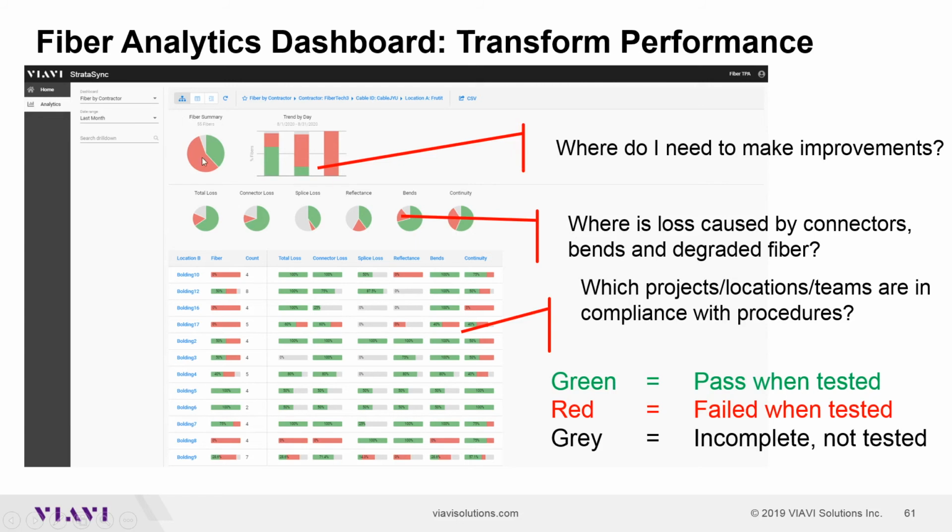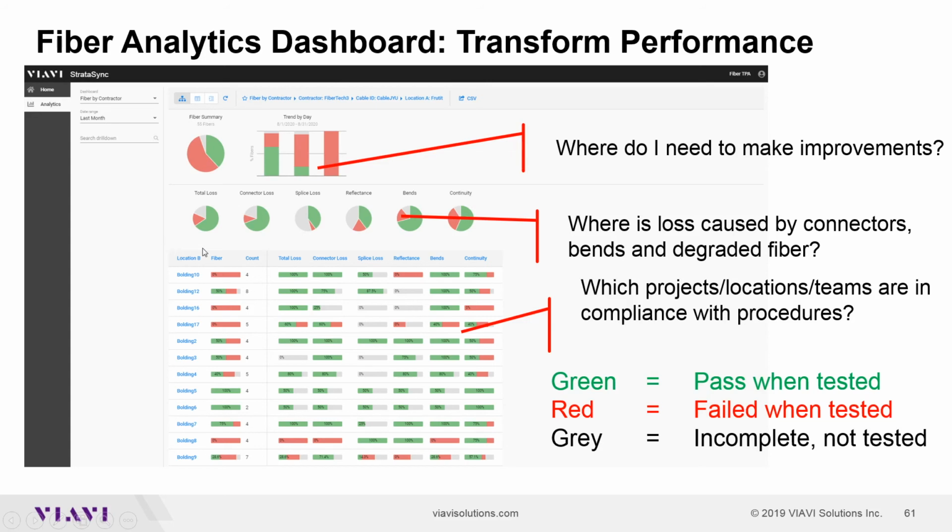So we'll see our fiber summary, the number of fibers that we've built, the number that have passed versus failed, and perhaps the ones that have not received any testing yet. We can see trends by day so that we can see if a particular team is falling down on their job or struggling with some sort of an issue.